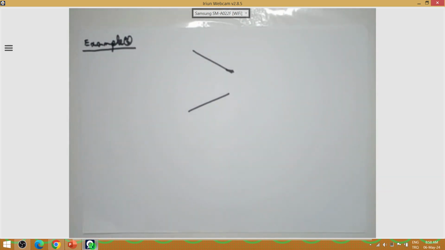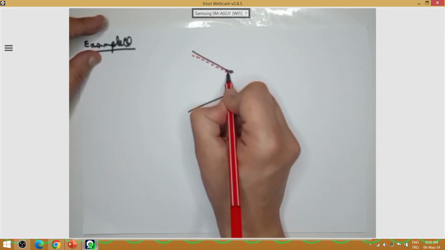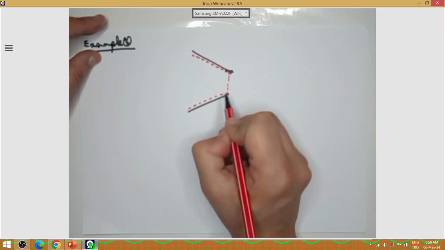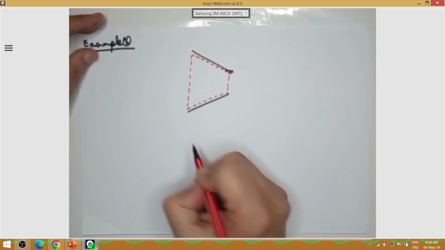This is my nozzle, and I have the boundary of this nozzle. This is the boundary of my nozzle.